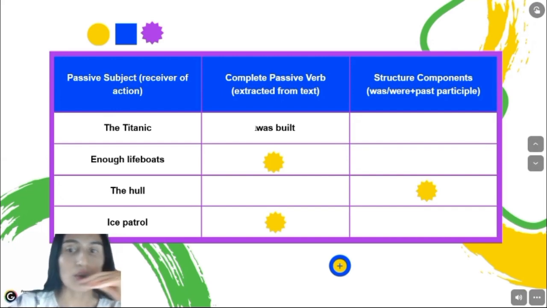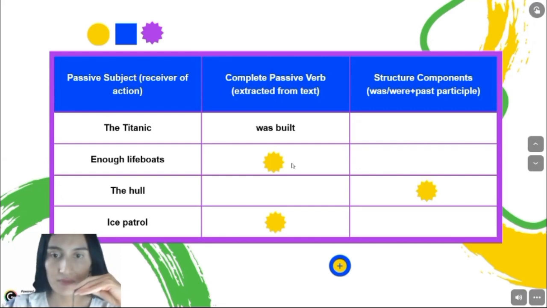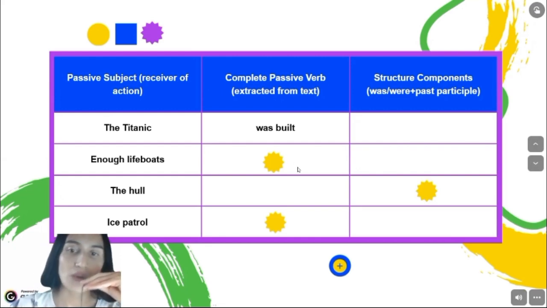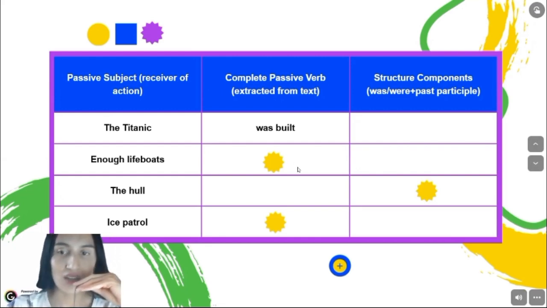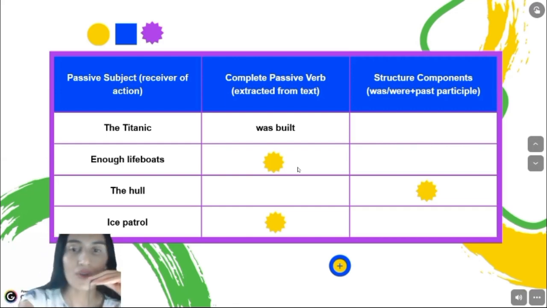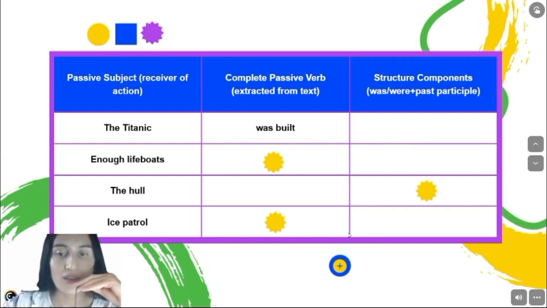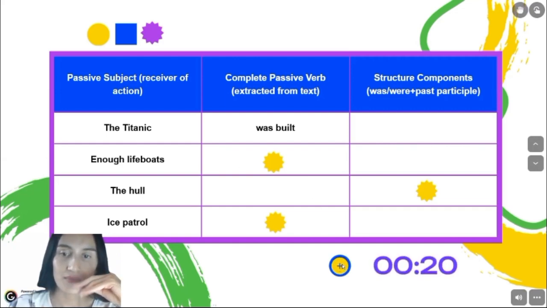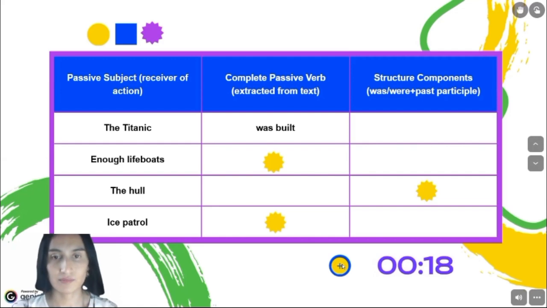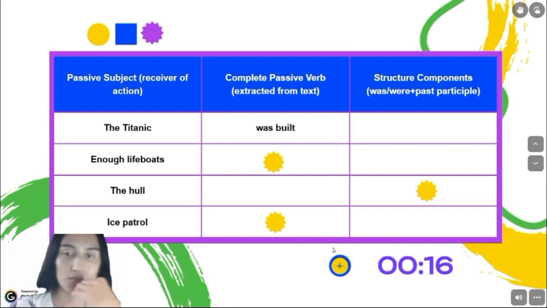It is an example that you can follow and extract the passive verb from the text. So you have to type your answers in the chat using the passive structure, please. And you have only 20 minutes. So, let's go.